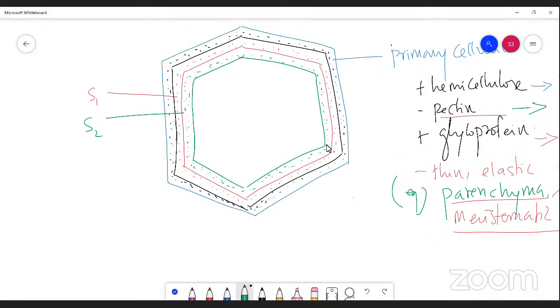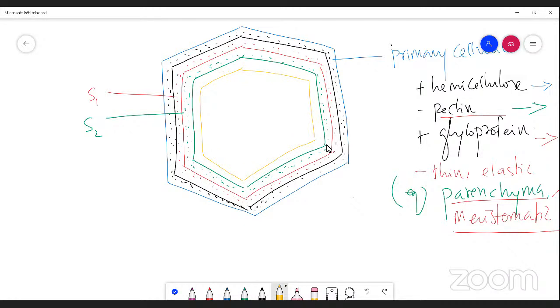The third one is the yellow color, which indicates the S3 layer. This S3 is very close to the cell membrane.